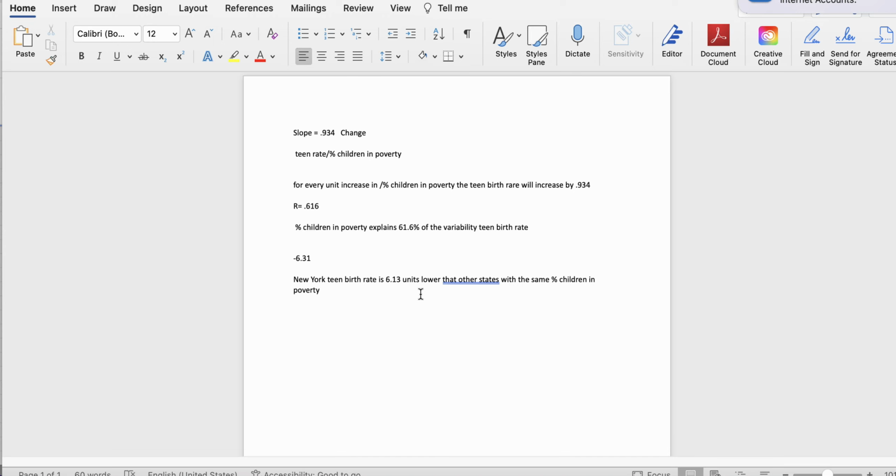I described what it is, births per 1,000 females aged 15 to 19. So we'll just call it units. So New York's teen birth rate is negative 6.3 units lower than the states that have the same X value, namely percent of children in poverty.